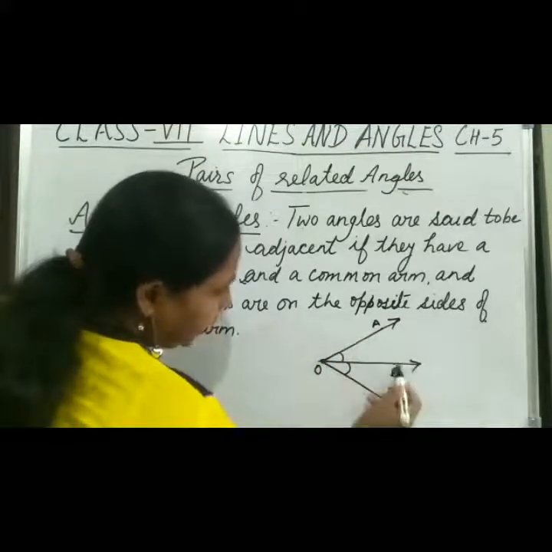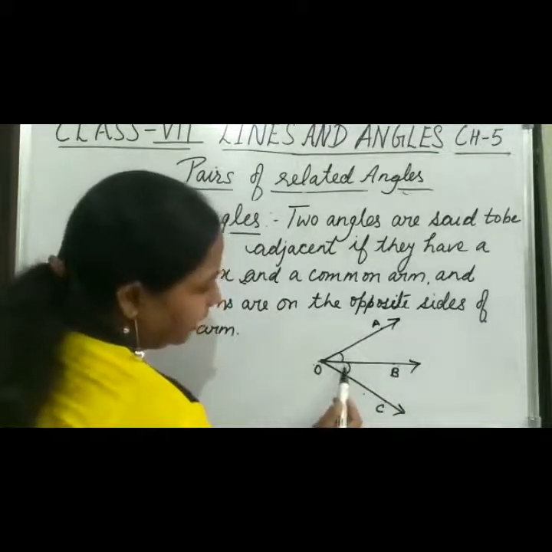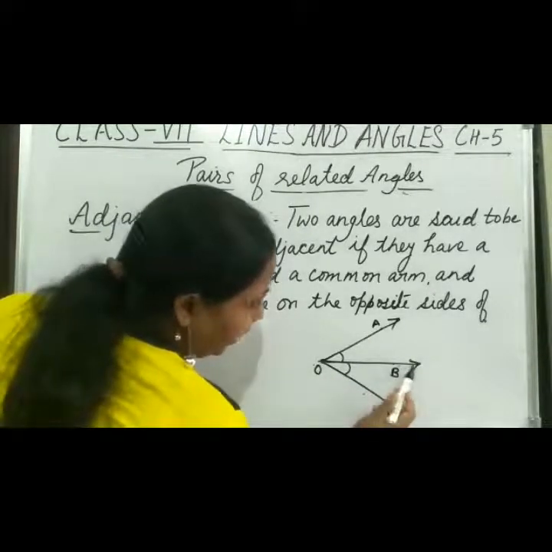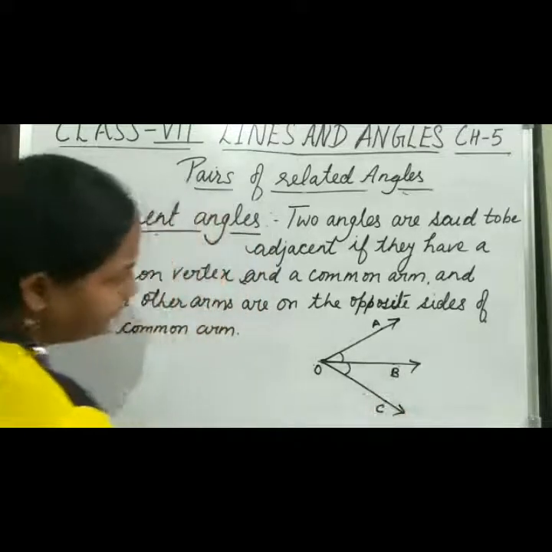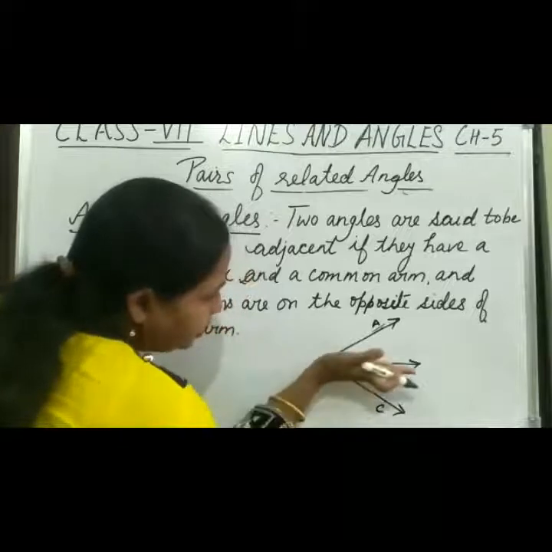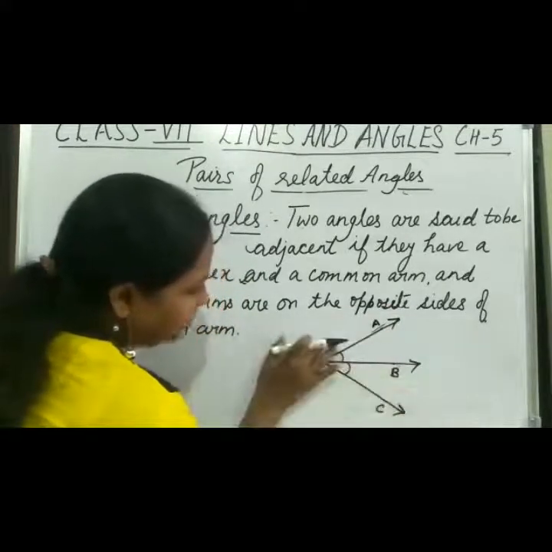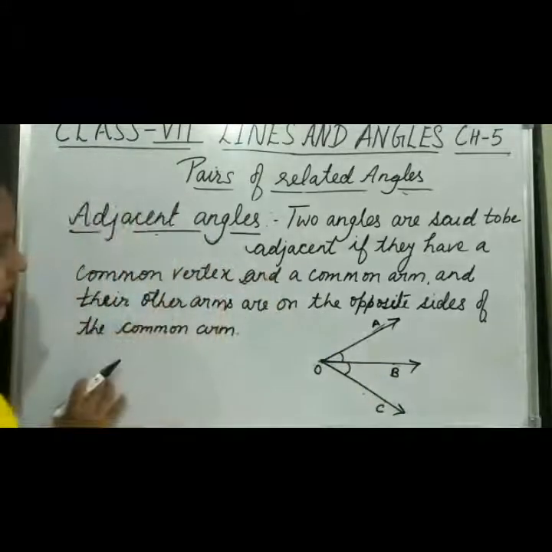This is angle AOB and this is angle COB. Now this angle and this angle have a common arm, that is OB, and these two rays are opposite to this common ray. So this is being explained here in the definition.